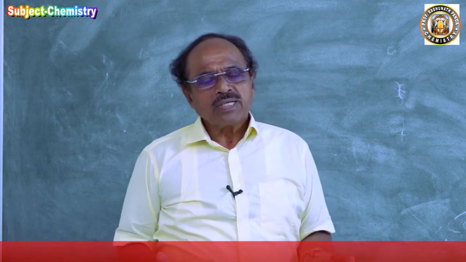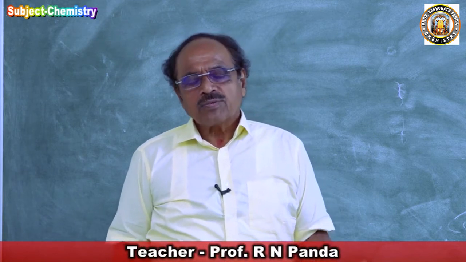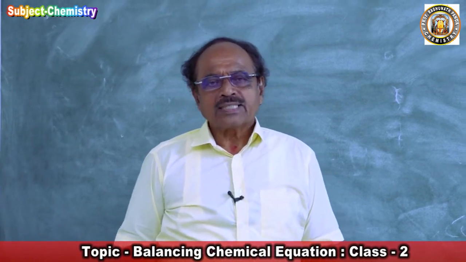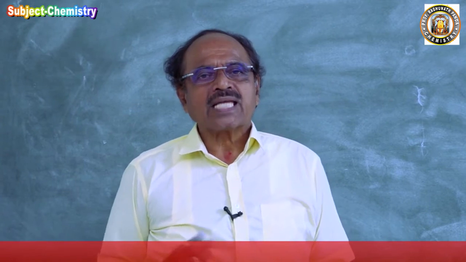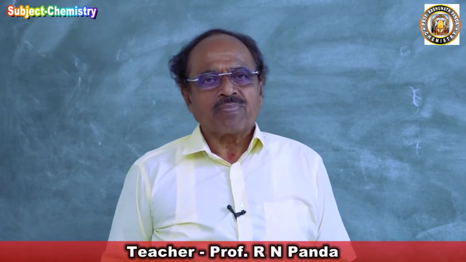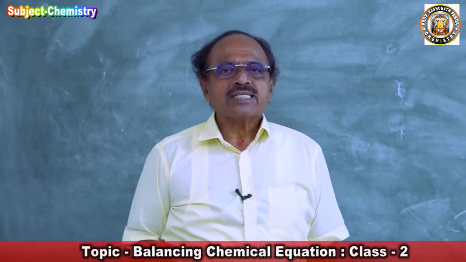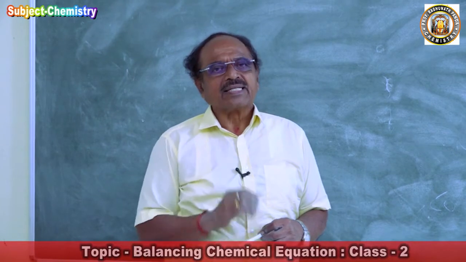So how to write a chemical equation? What is a chemical equation? We write the reactants. As I told you, we can write the balanced chemical equation by the SAM method. SAM: S is skeleton equation, A is atomic equation, M is molecular equation. So what is a skeleton equation?